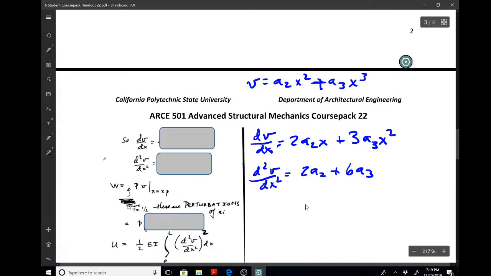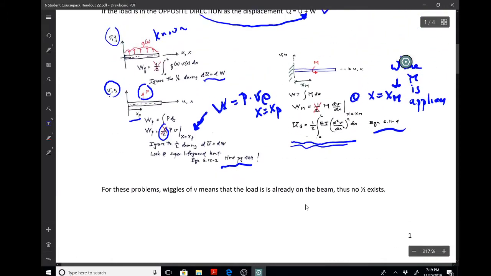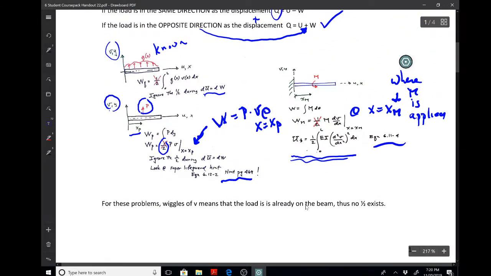The work is this second case that I showed you here, of the three possible cases. It's this one here where we have a concentrated load. And remember, I have to express the work at this particular location where the load is applied. So P at x_P.